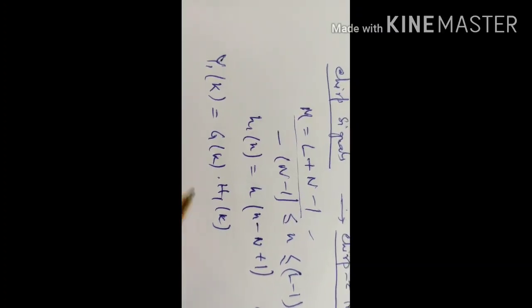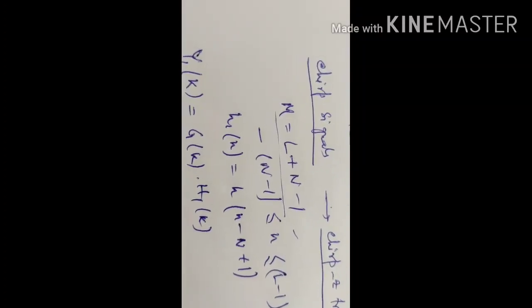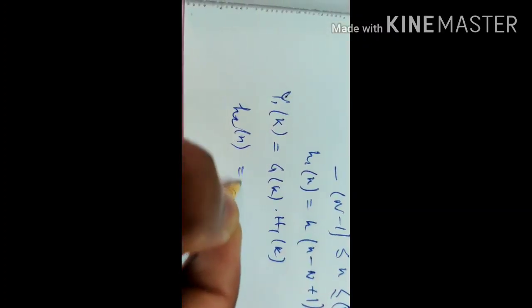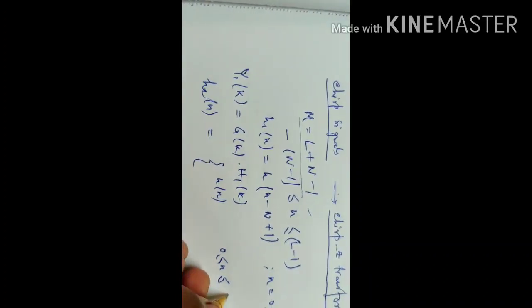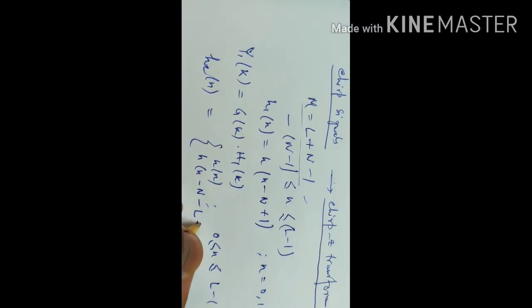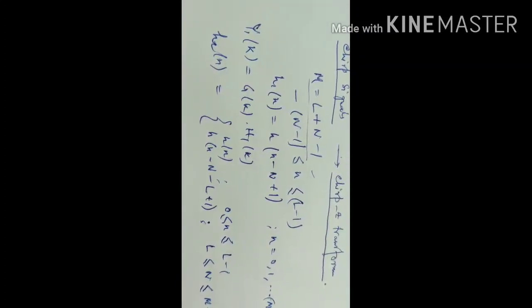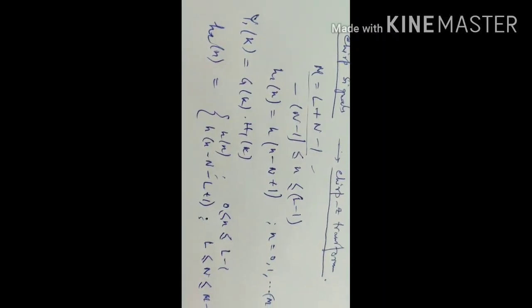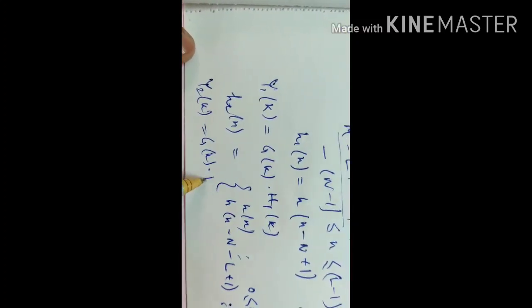Alternatively, h2n can be defined as hn if 0 less than or equal to n less than or equal to L minus 1, and equal to hn minus capital N minus L plus 1 if L less than or equal to n less than or equal to m minus 1, where the m-point DFT of h2n yields h2k, which is multiplied with gk, so y2k equals gk into h2k.